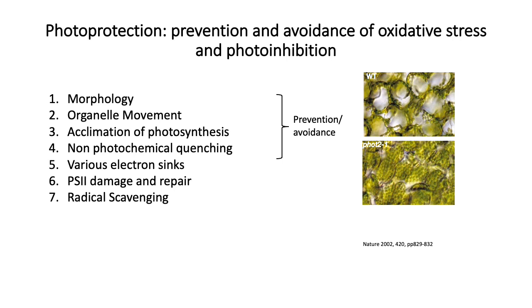Photosynthesis can acclimate and change the quantities of components of photosynthesis according to the long-term changes in light intensity. Non-photochemical quenching, which we will look at, is a photoprotective mechanism that is induced under high light. There are various electron sinks combined with PS2 damage and repair and radical scavenging, and all of this comprises a suite of photoprotective mechanisms in photosynthetic organisms.